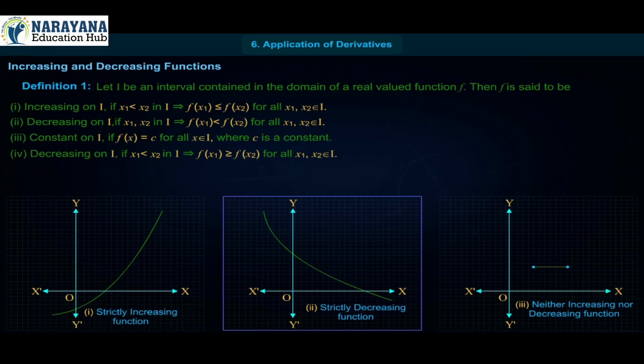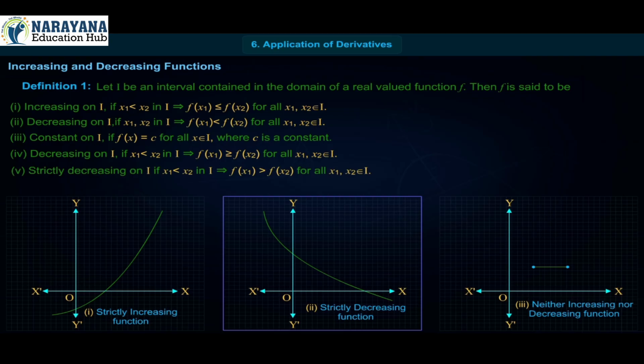Number 4, decreasing on I if x1 is less than x2 in I, which implies that f of x1 is greater than or equal to f of x2 for all x1, x2 belongs to I.